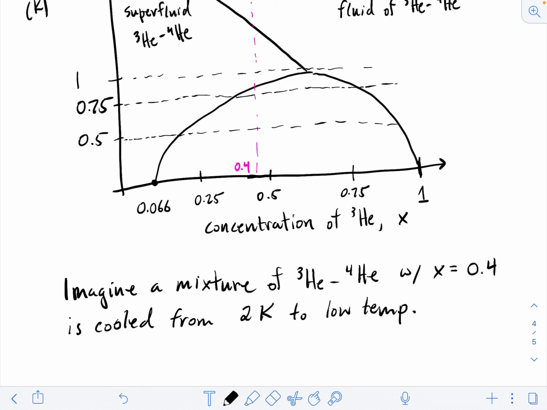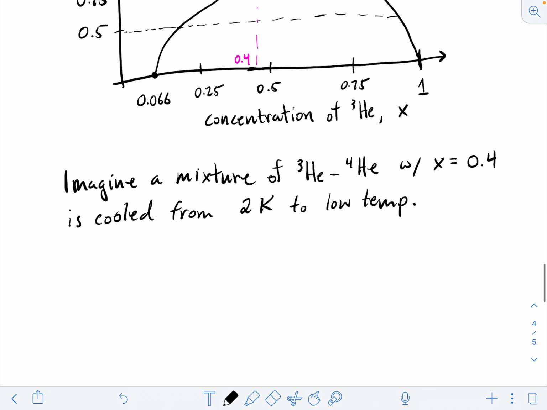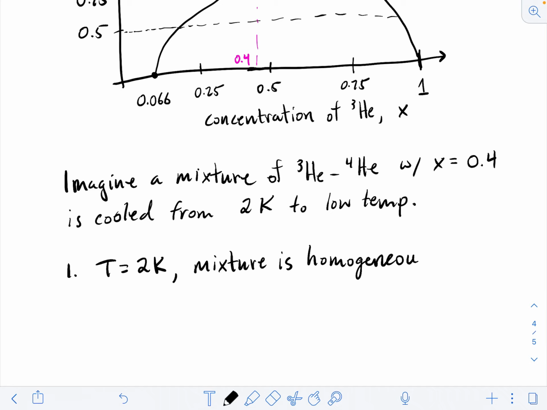So we're going to kind of imagine this process. So the first step is, when the temperature is equal to 2 Kelvin, the mixture is homogeneous and behaves as a normal fluid.